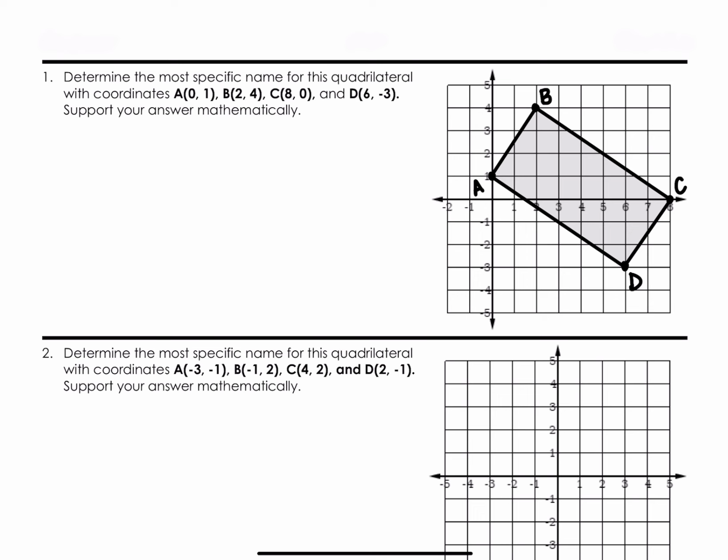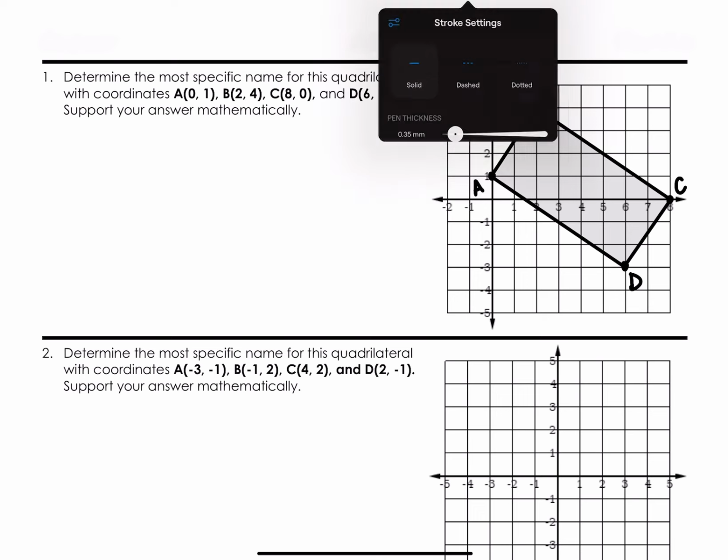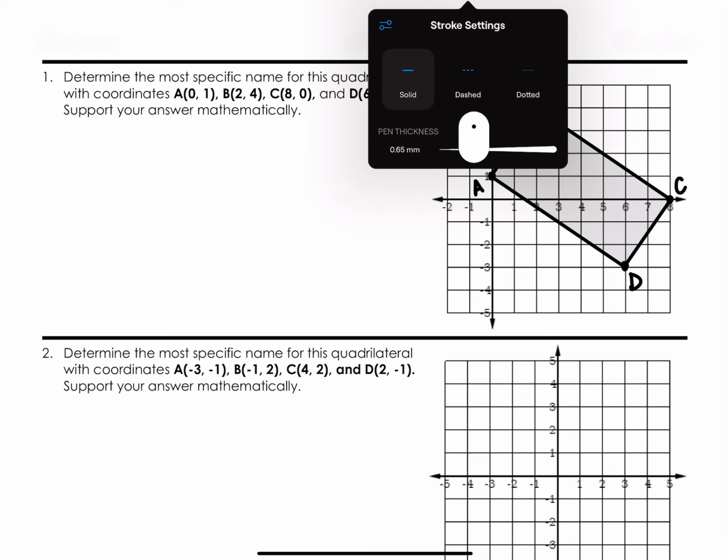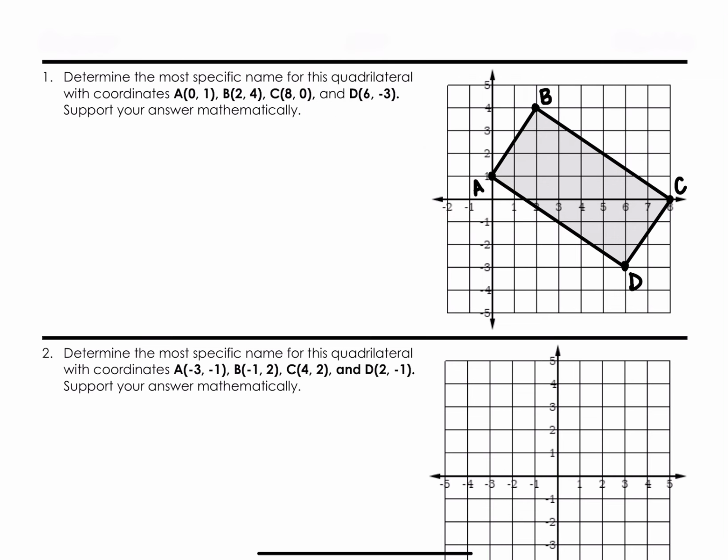But I'm not mad at that idea, so let's go ahead and write that down. We're going to show that the opposite sides are congruent. What else do we have that would actually lock this in?